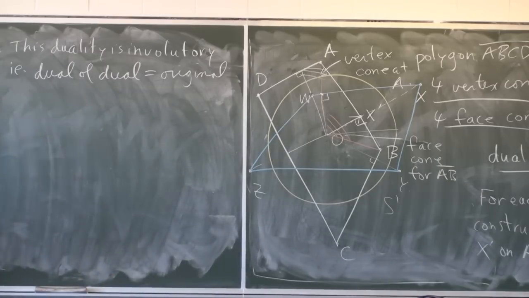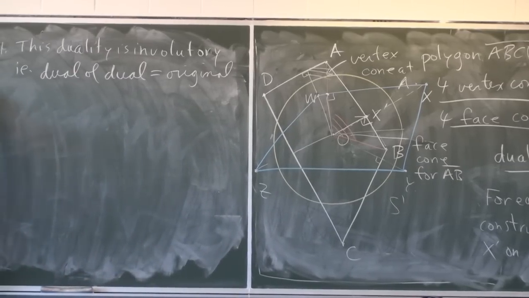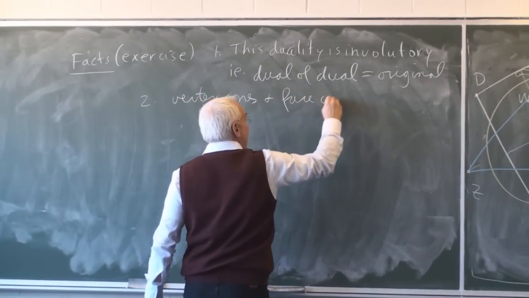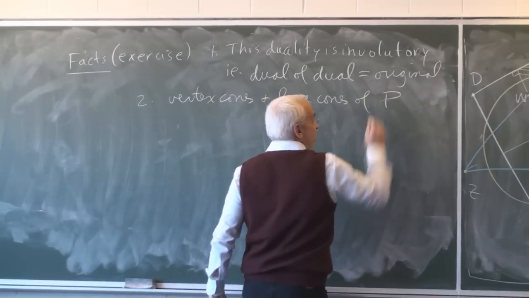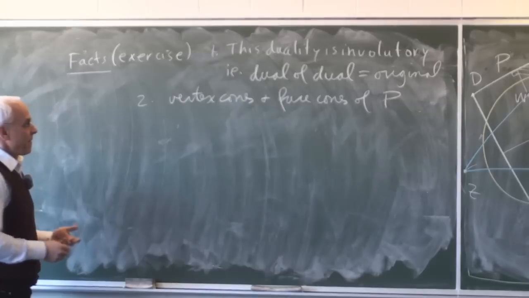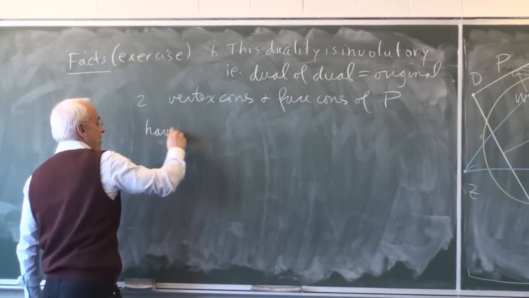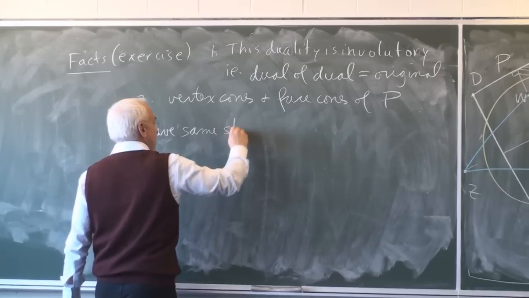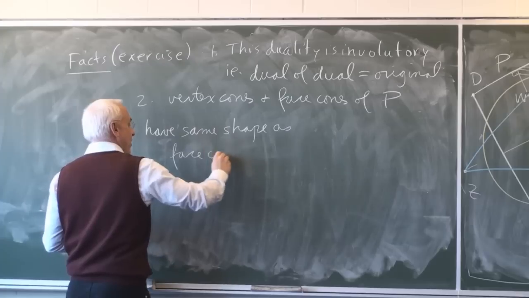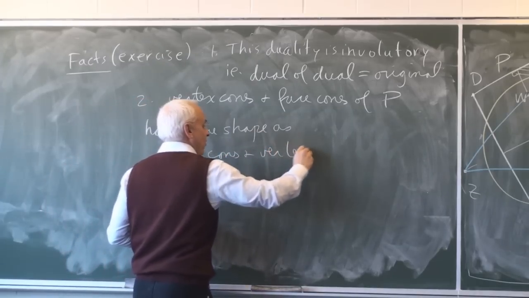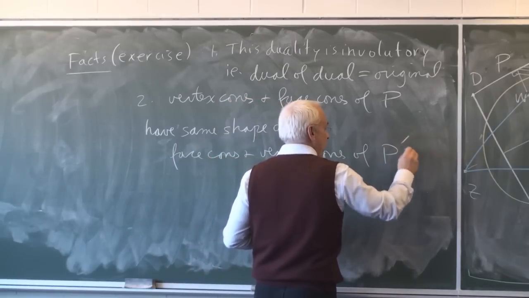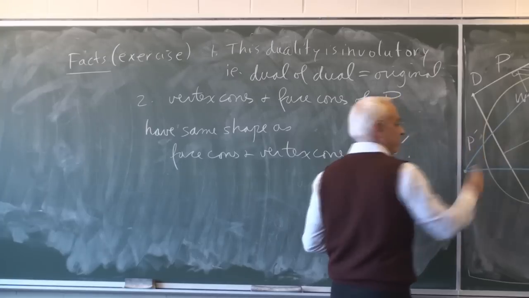The second fact is that the vertex cones and the face cones of our original polygon, let's call it P, have the same shape as the face cones and vertex cones of, let's call this dual P prime, the blue one.